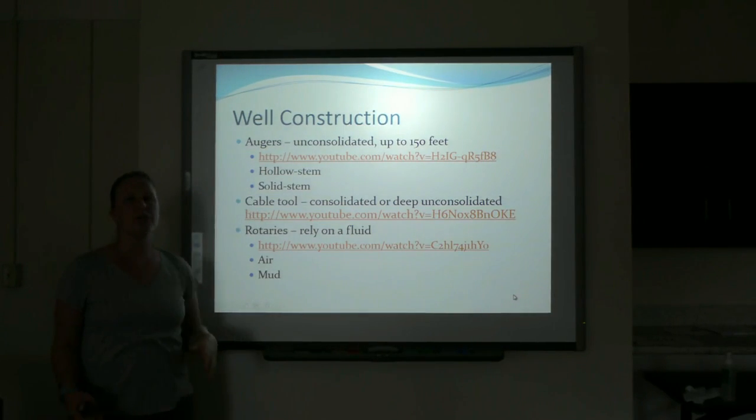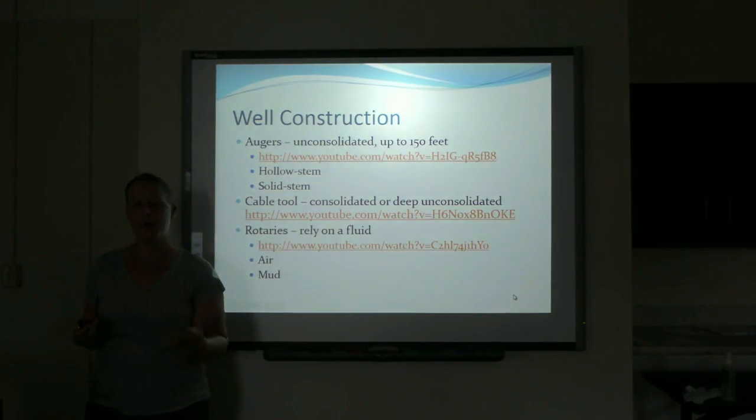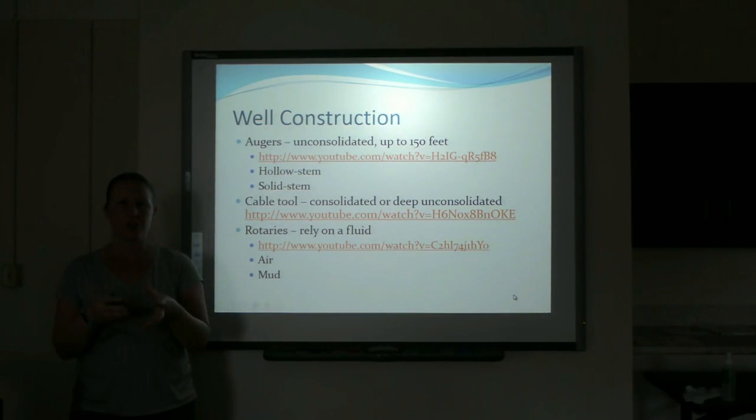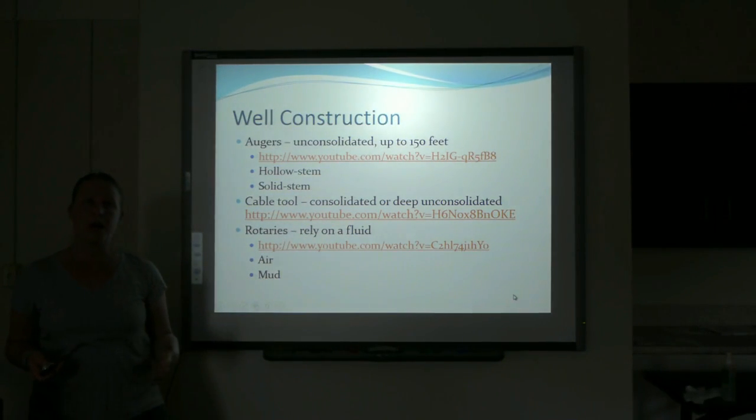A cable tool can be used for deeper bores or for consolidated bores, and is typically pretty cheap to use and only needs one or two people to operate, but it's pretty slow. Rotaries are more what you think about with the larger drill bit on the head, rotating with a shaft, and they require a fluid to run, which can be either air or mud.